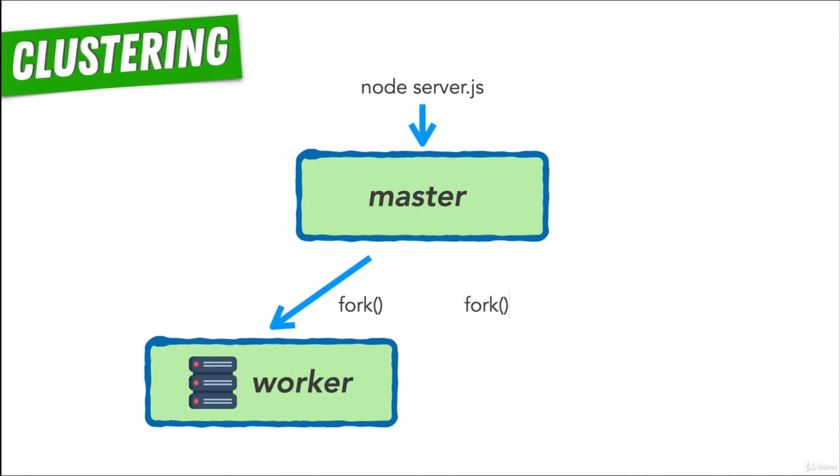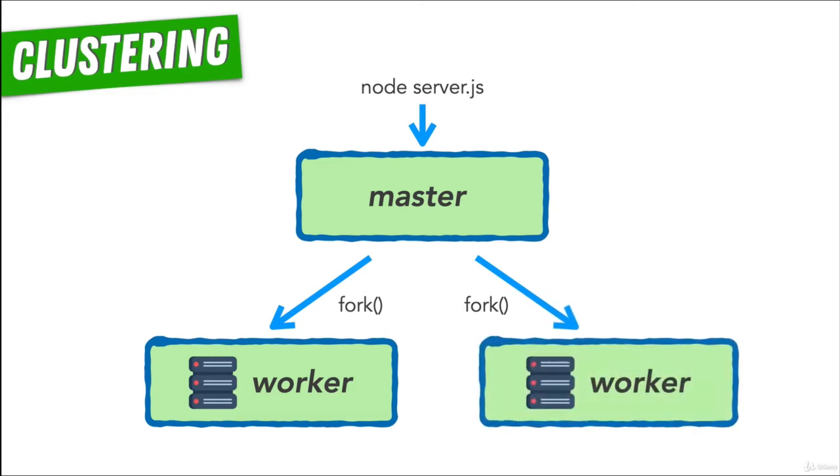We can call this fork function however many times we like to create many worker processes that are attached to a single master. It's these worker processes which do all of the hard work of taking in HTTP requests, processing them, and responding to them.